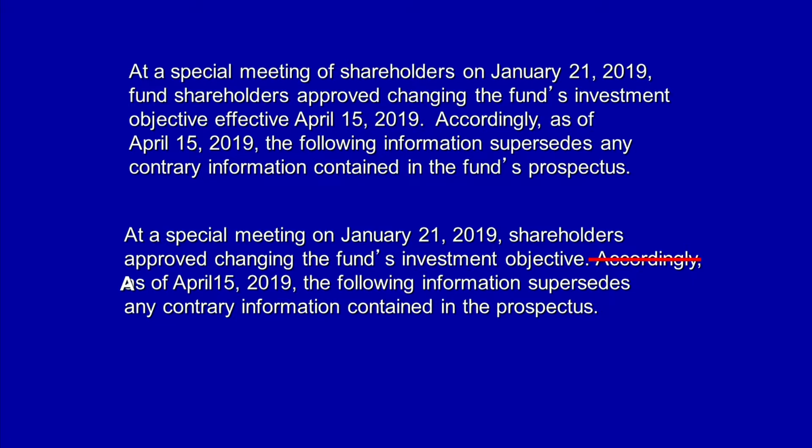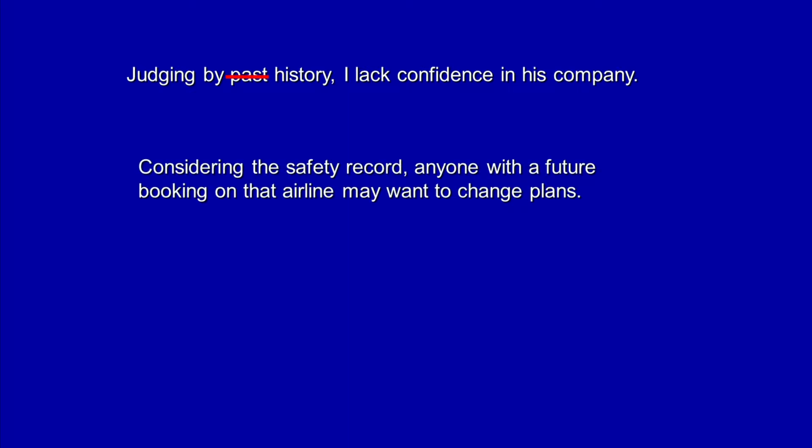Now, let's look at a few other examples of sentences having words that are redundant to what the reader is sure to know. For openers, everyone knows that history happened in the past. That's why it's called history. Considering the safety record, anyone with a booking on that airline may want to change plans.